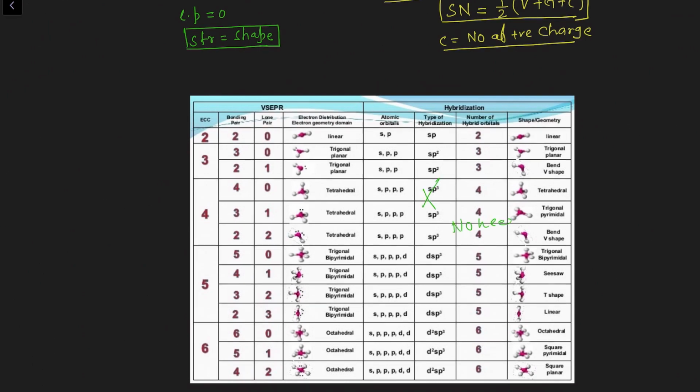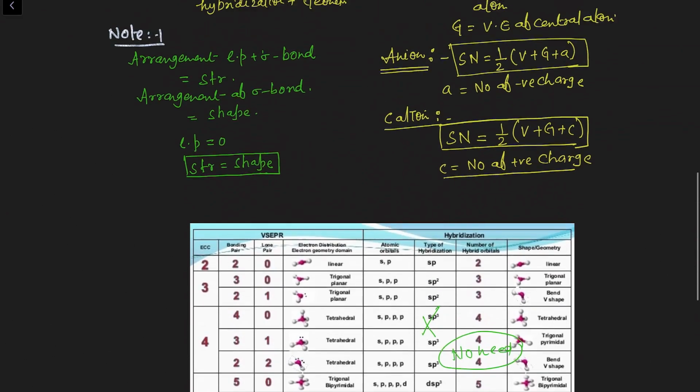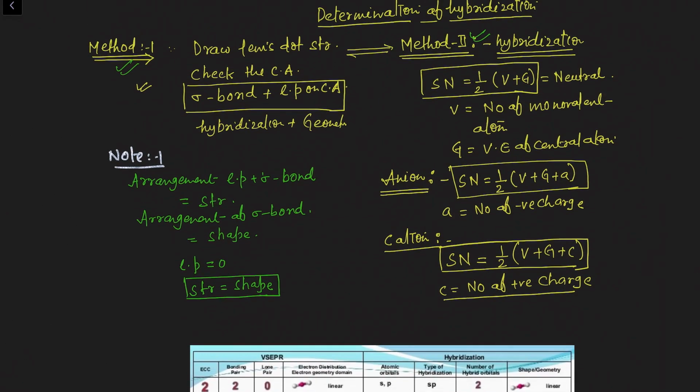Directly you will check the molecule and with confidence tell the hybridization, geometry, and arrangement of bond pair and lone pair of the molecule. You can easily explain the shape of the molecule with reason. Now I'm going to use method number 1 and method number 2 with some examples.